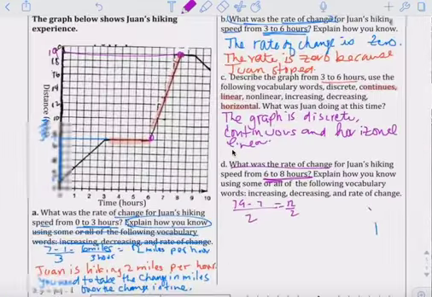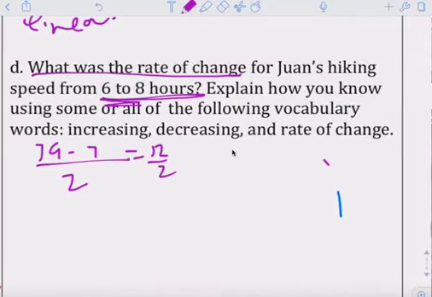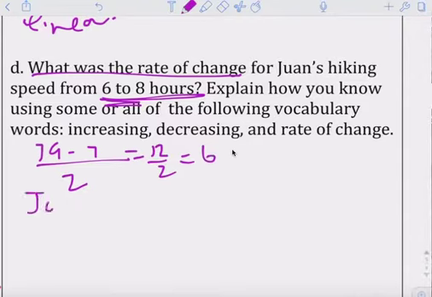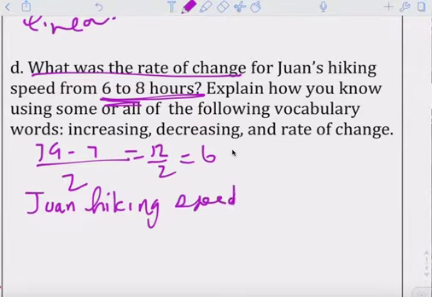So Juan's hiking speed from 6 to 8 hours is 6 miles per hour.